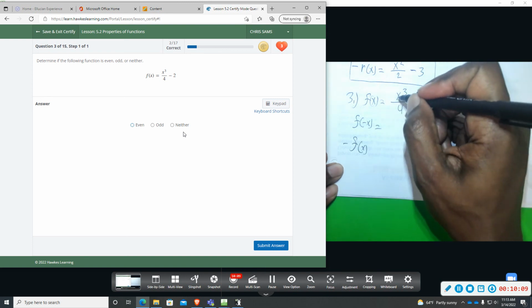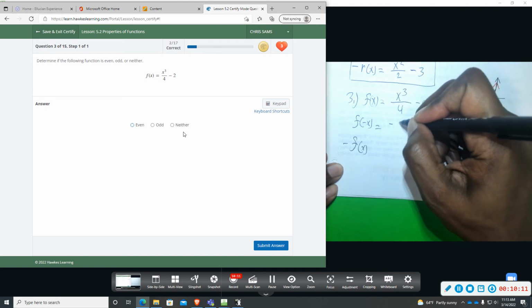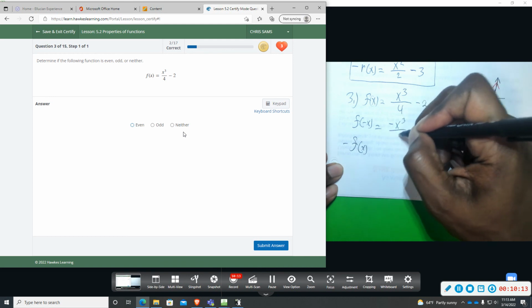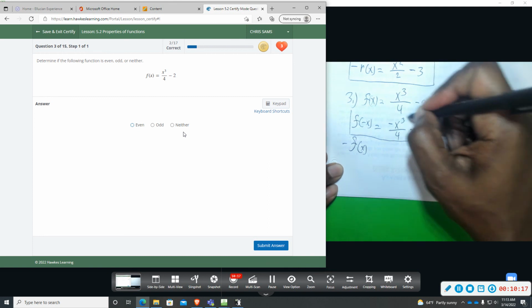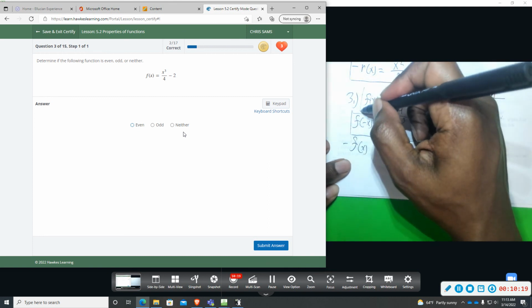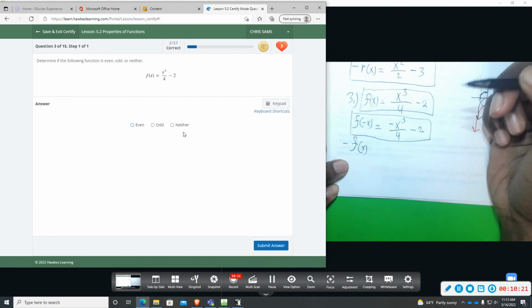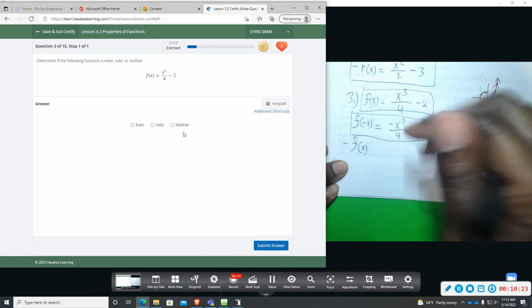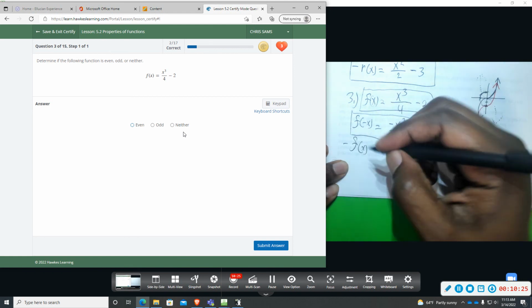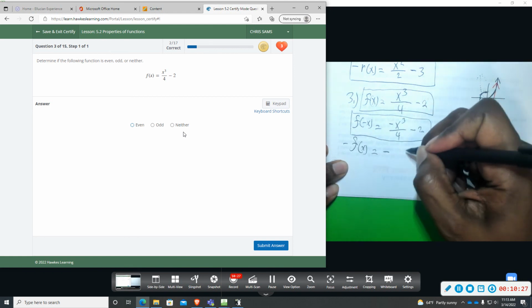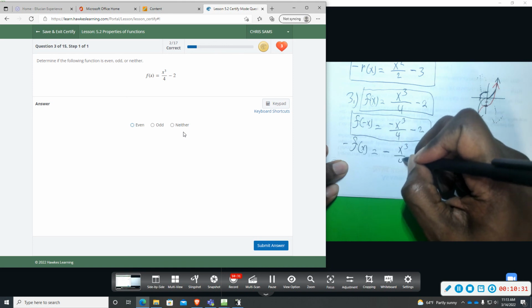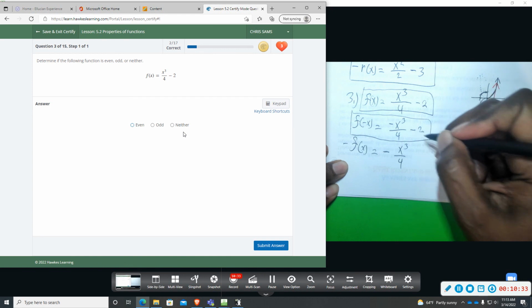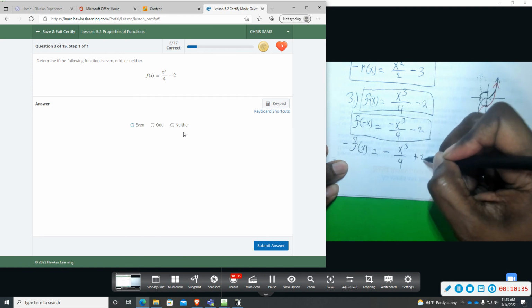So I plug in a negative, it's going to become a negative x to the third over 4 minus 2. So here's that function. Here's my original function. And then a negative on the outside, you just change all the signs. So this is going to become a negative x to the third over 4. And then that's going to become a positive 2.